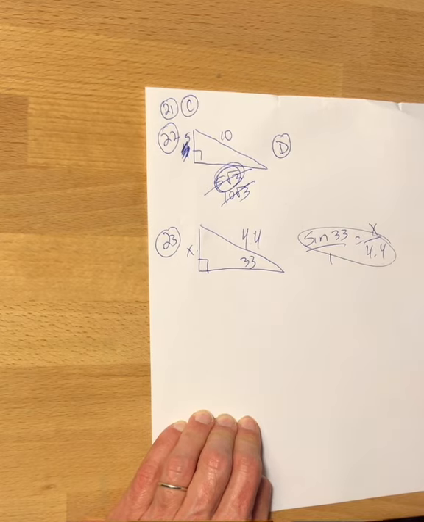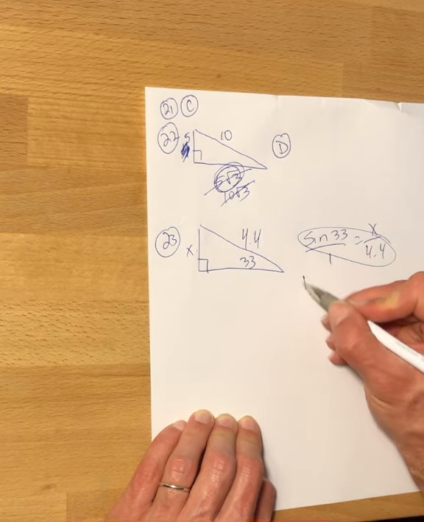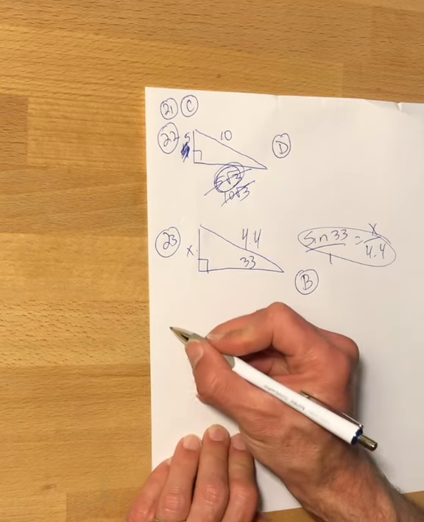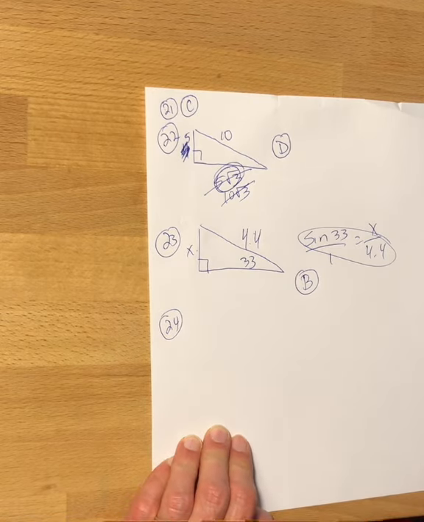And then when you cross multiply for 23, let me just do this on my calculator, 4.4 times sine 33 is going to give me 2.39, which rounds to 2.4, B. So that was 23.